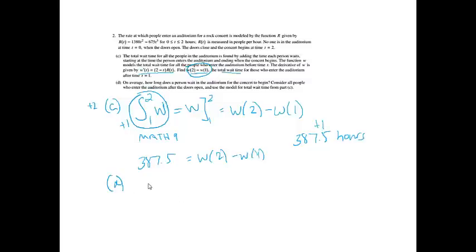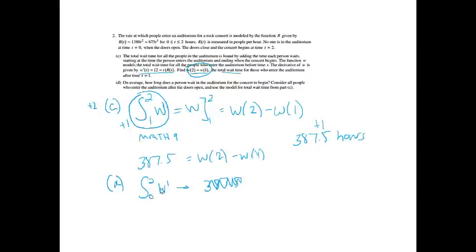So we're basically just going to go 0 to 2 of W prime, and we already found that that was 387.5, so that was the total wait time. And actually, that was not correct. That's not the same answer, because that one just went from 1 to 2. We actually want to start at 0 to 2, from when they started getting into the auditorium until the concert began.